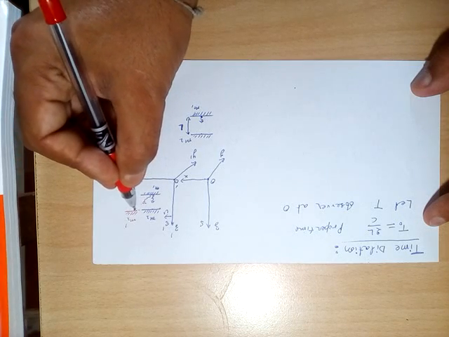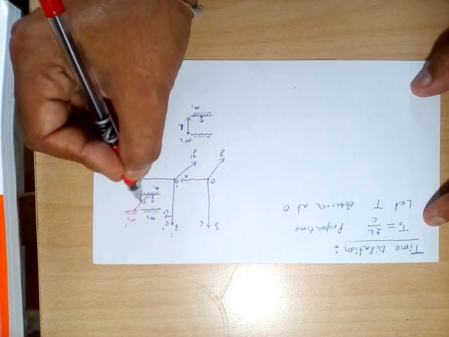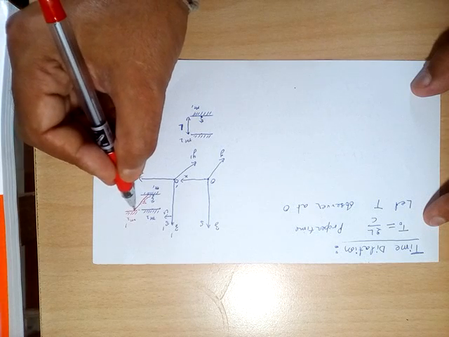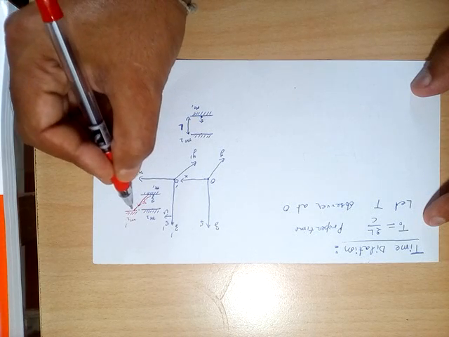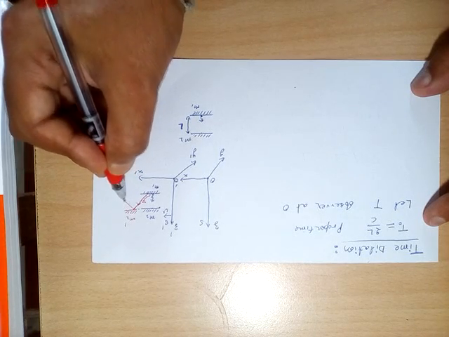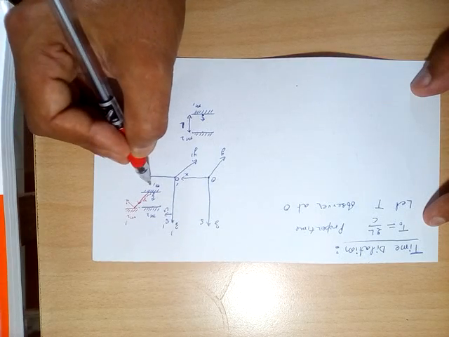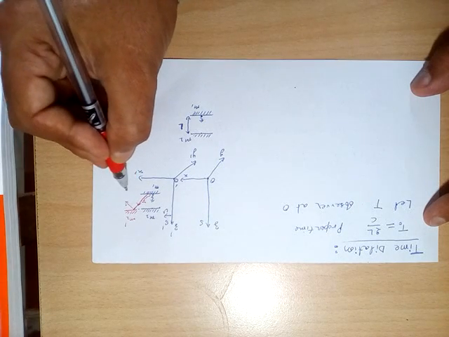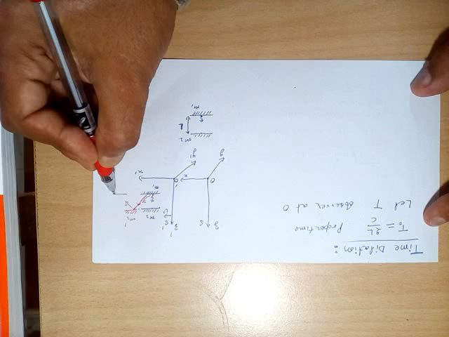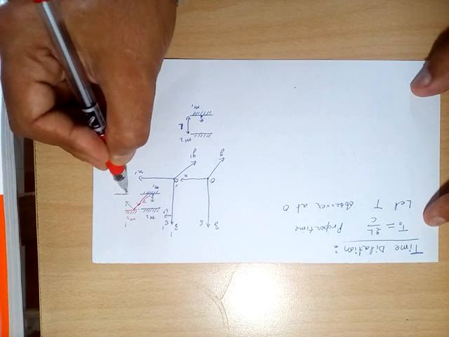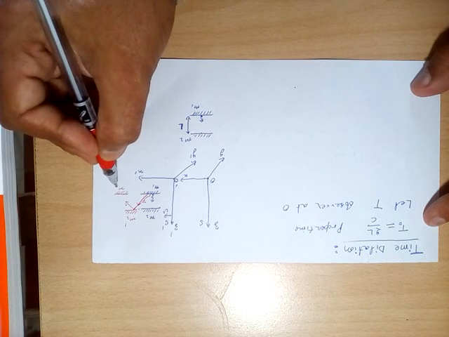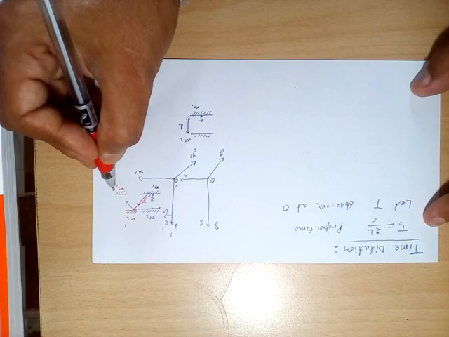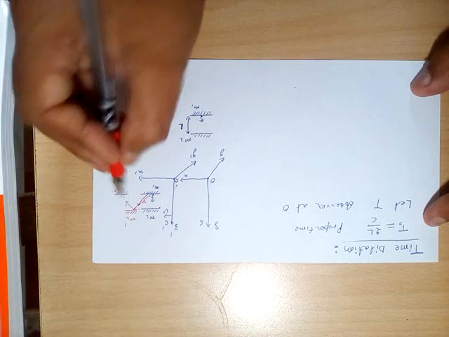It will meet at this point, and after reflection this signal will move in this direction and meet mirror M1 at this position. Now the position of mirror M1 is at this M dash.